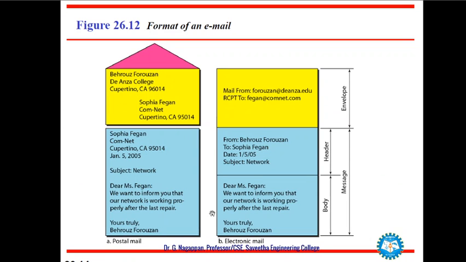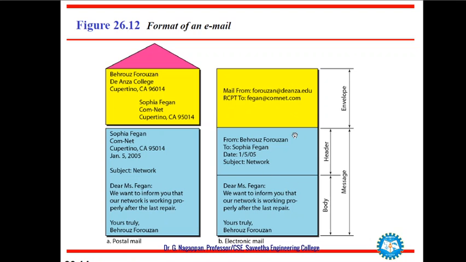When you look at the format of an email, consider a normal postal mail, where we put the from address, to address, and then the subject, the message, and the signature. In the same way, there is going to be an envelope: mail from, recipient to. These are pieces of information used by the Simple Mail Transfer Protocol, with control commands which we will study.